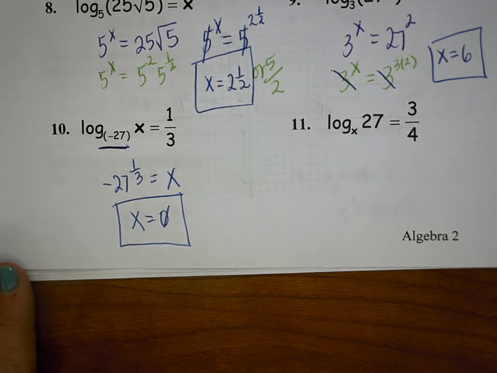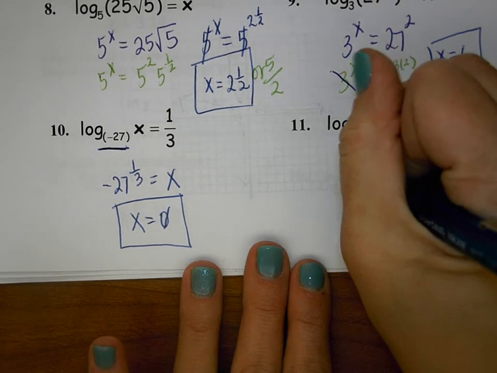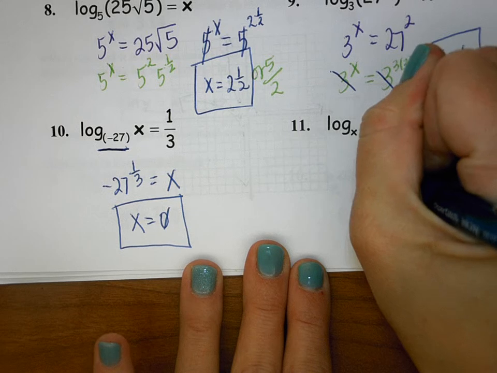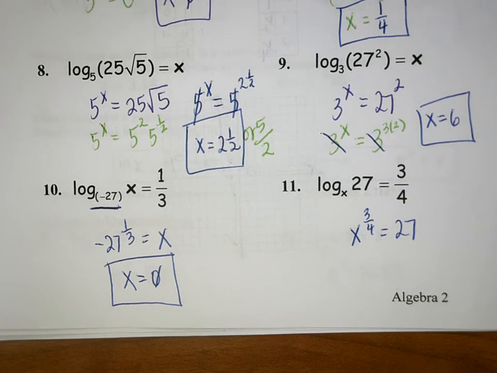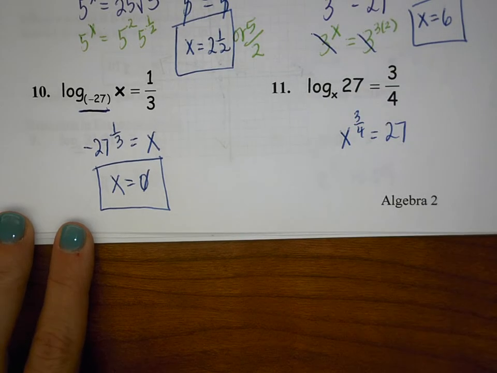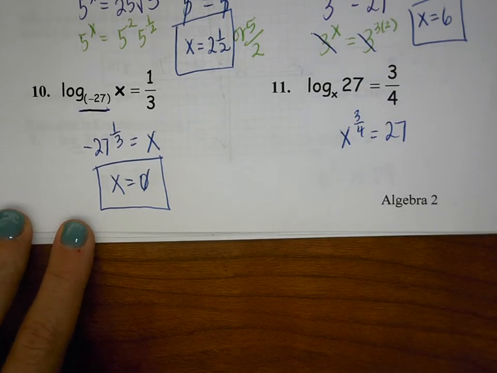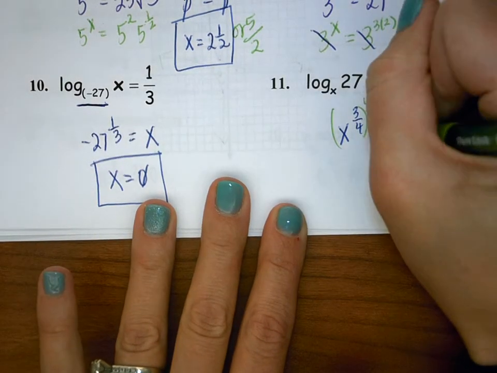All right, and last one, example 11. Please help me change this into exponential form. Melanie. Okay, now I'm hoping you guys remember how to get rid of the 3/4. Very good. Times it to the reciprocal power, which should be 4/3.